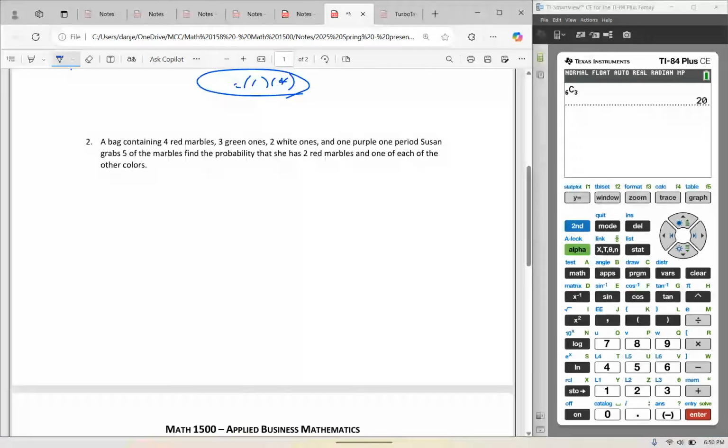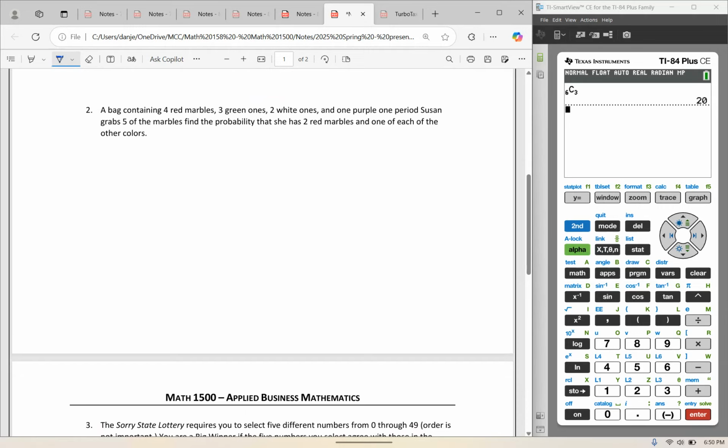Similar problem, a little bit different. A bag containing 4 red marbles, 3 green marbles, 2 white marbles, and 1 purple marble. Let me write this down as we go again.